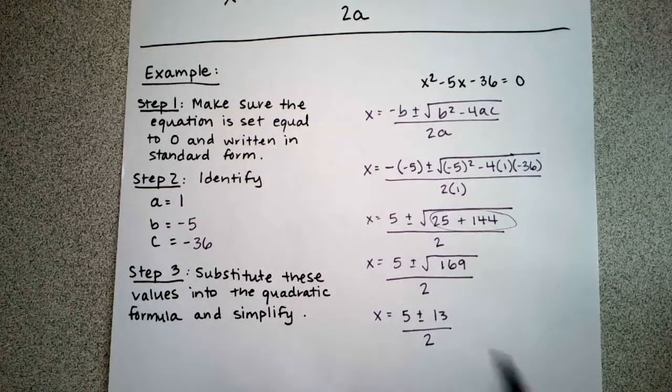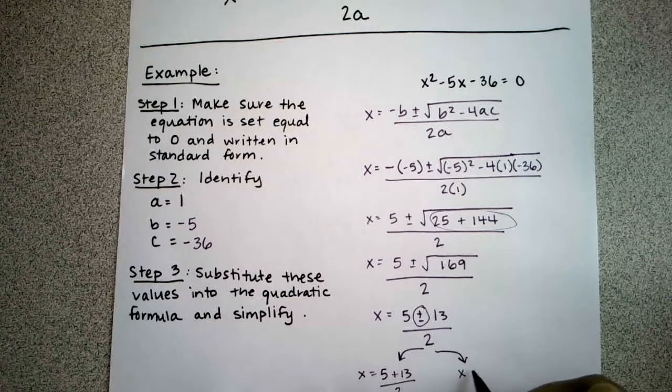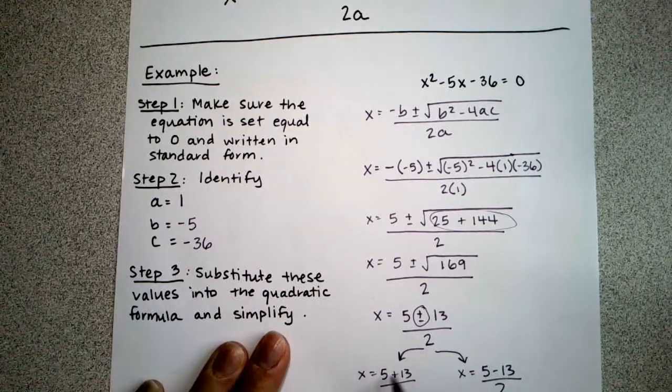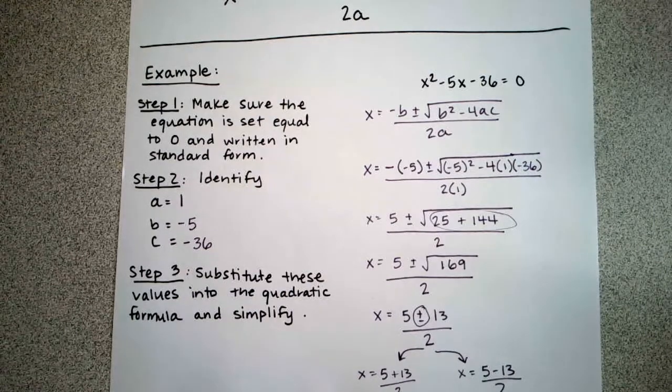In this step, since we have plus or minus, this is where you are going to want to break it up into two separate equations. One of them with the plus sign and one of them with the minus sign. And then you just simplify each of those. This first one is 5 plus 13 is 18 over 2, which is 9.